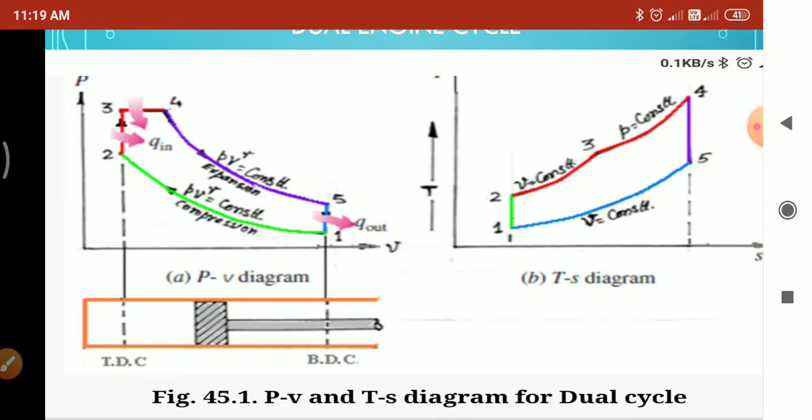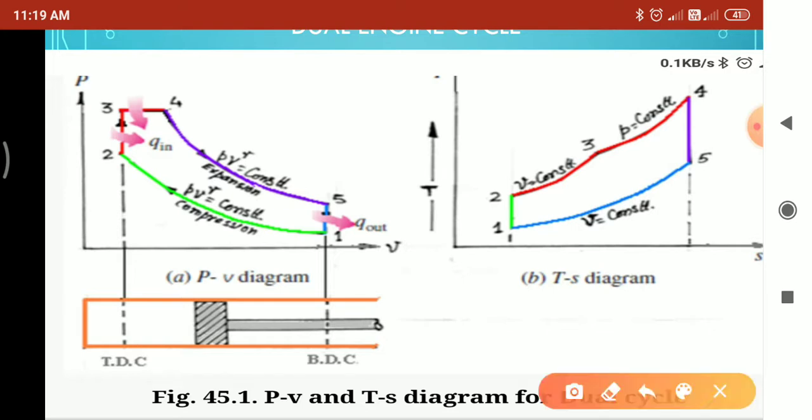In this process there is no addition or rejection of heat to or from the system, meaning heat remains constant. That's why there is no equation for heat rejection or heat addition.